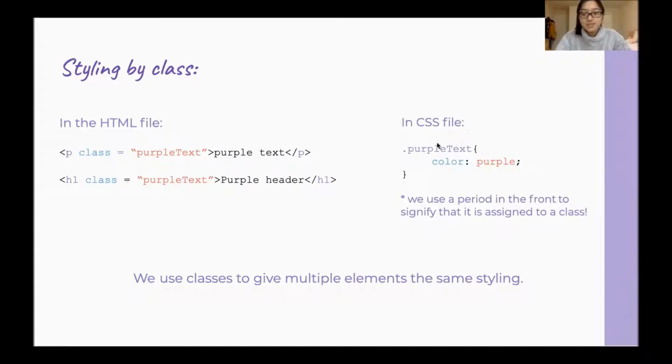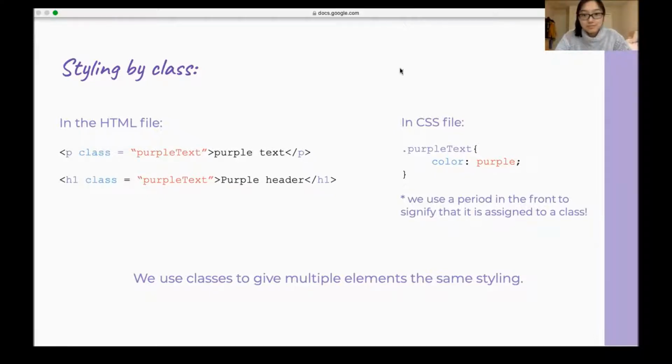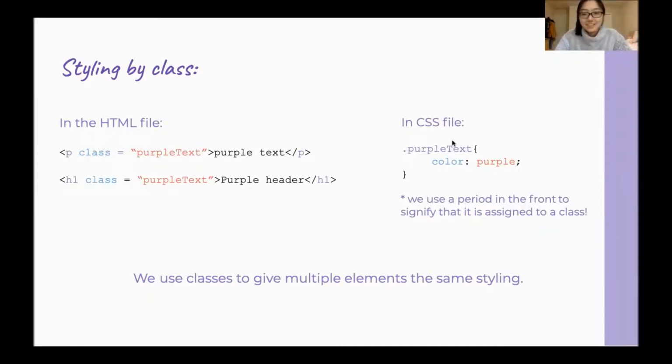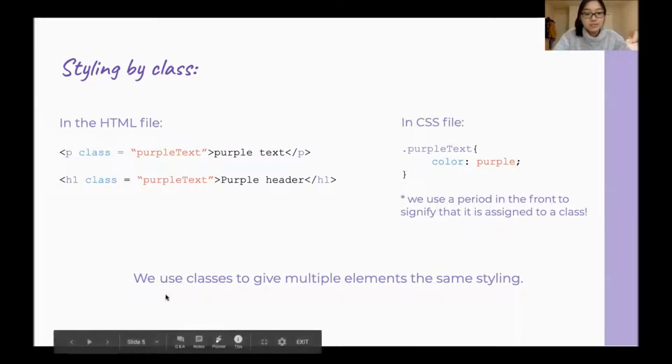In your CSS file, you're going to be putting a period, and then the class name, and then you're going to put curly brackets again, and then the attribute, and whatever you want for your style. And we use the period in the front to signify that it is assigned to a class. We use classes to give multiple elements the same styling.